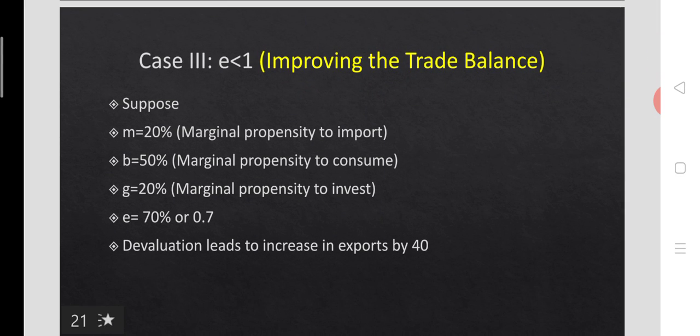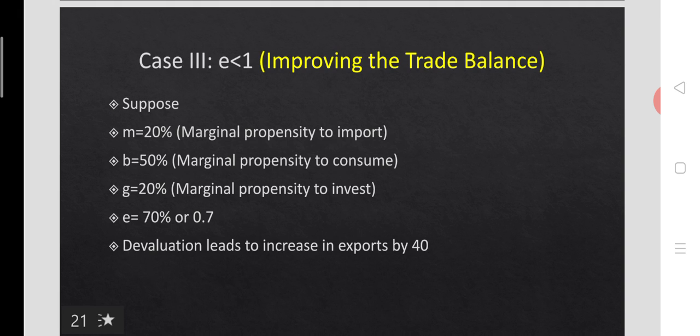And let's quickly look at the third case of the general rule of the absorption approach of Sidney Alexander, and this is the case of improving the trade balance, as marginal propensity to absorb, that is E, that means domestic expenditure, is less than 1. Then the trade balance is going to be improved after devaluation. Suppose M is 20%, B is 50%, G is 20%.